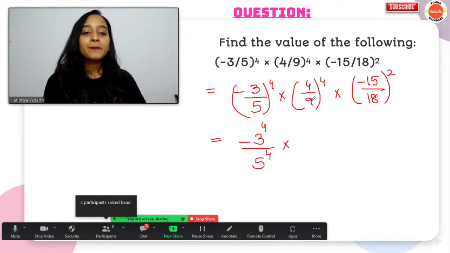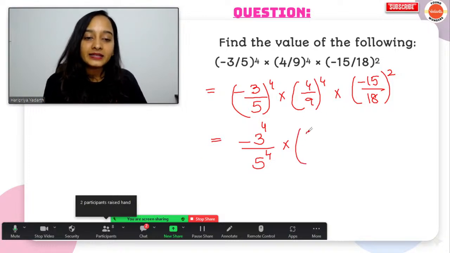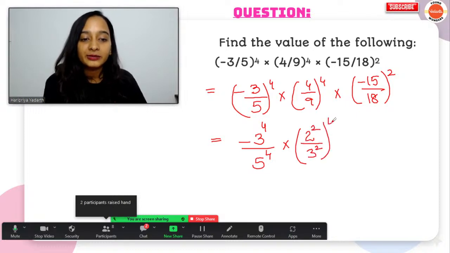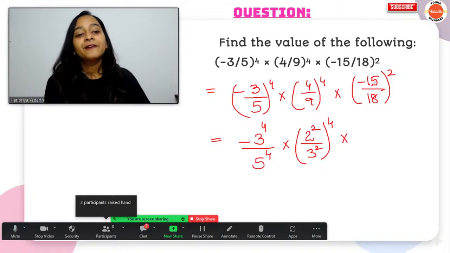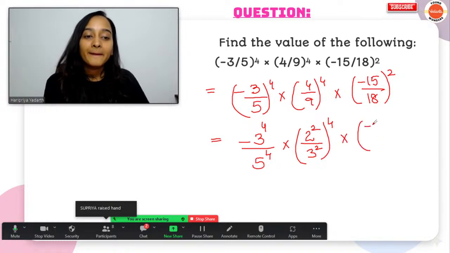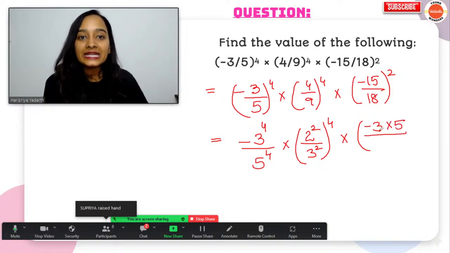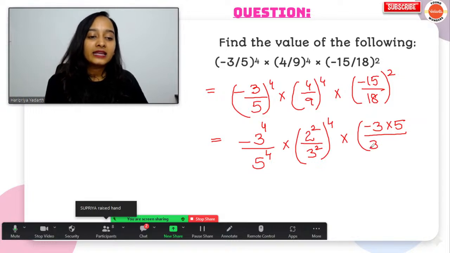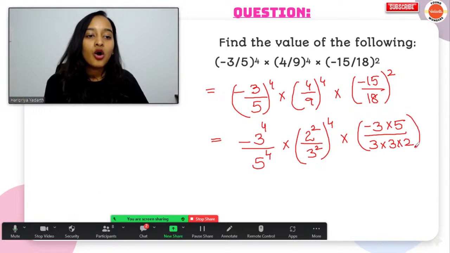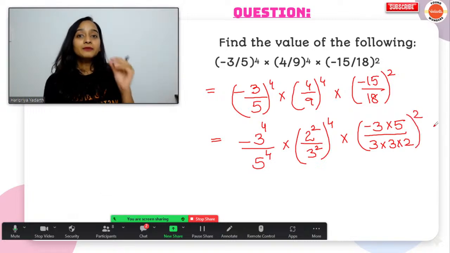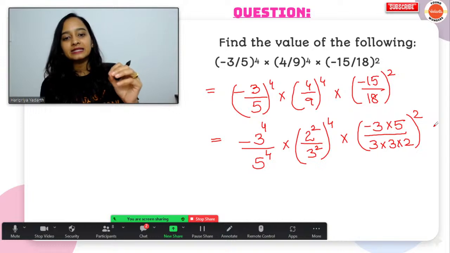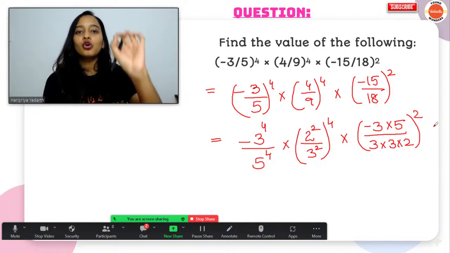Now, 4 by 9 can be written as 2 square by 3 square whole to the power 4. And minus 15 can be written as minus 3 into 5. And 18 can be written as 3 multiplied with 3 multiplied with 2, whole to the power 2. Now I am trying to get the bases as 3, 2 or 5.